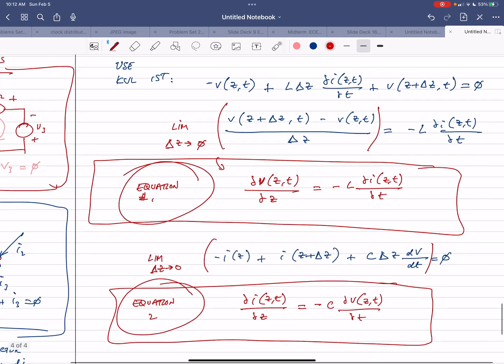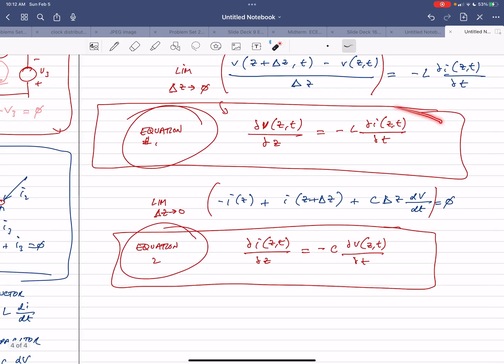Okay, so these are the two equations I have to work with, equation 1 and equation 2.